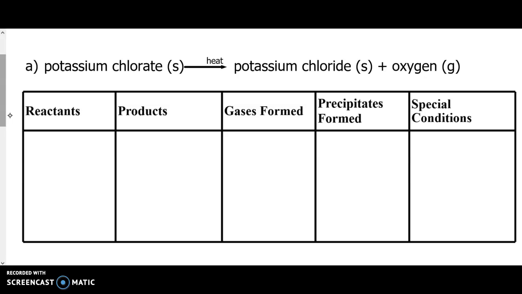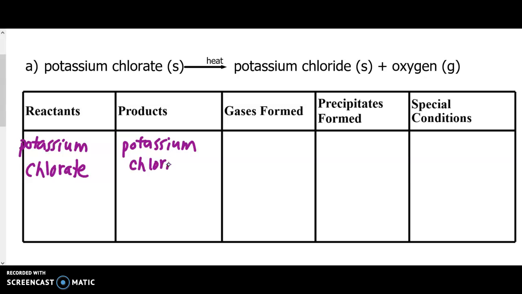So in this example, the reactant, and there's only one, is potassium chlorate. The products are potassium chloride and oxygen gas.